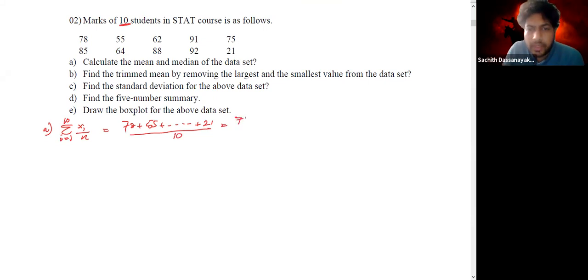So this is going to be 711 divided by 10. It is 71.1. Okay. So mean and median. How do you find the median? Before you find the median, definitely you have to sort the data set or observations, OBS, to ascending order.